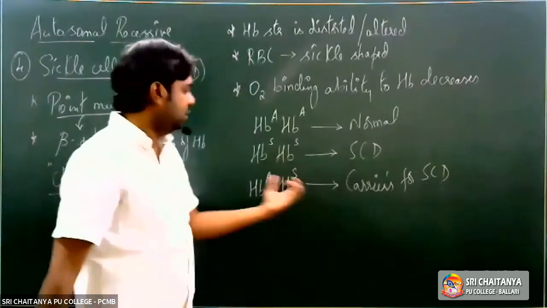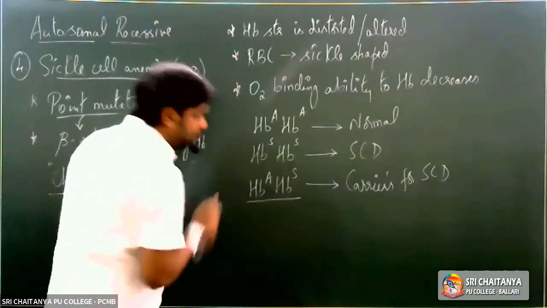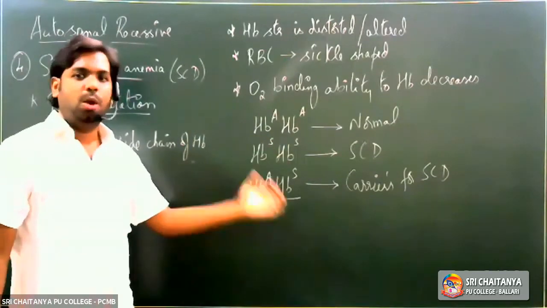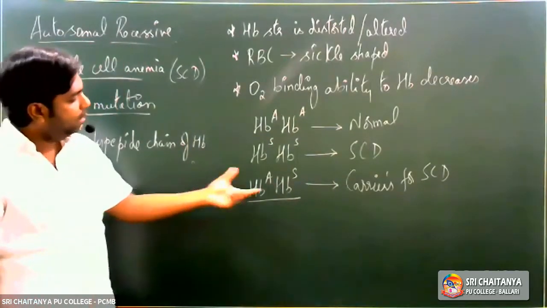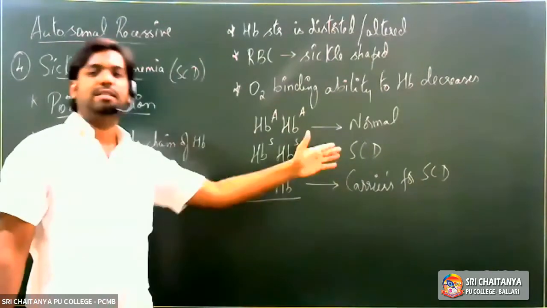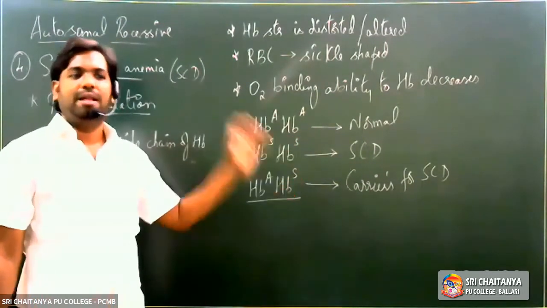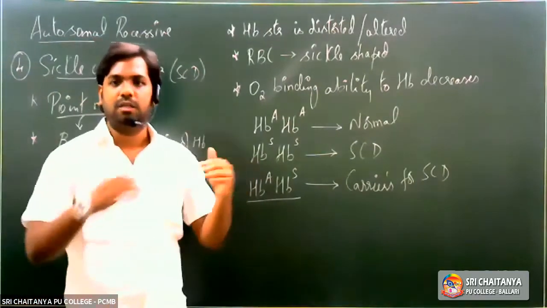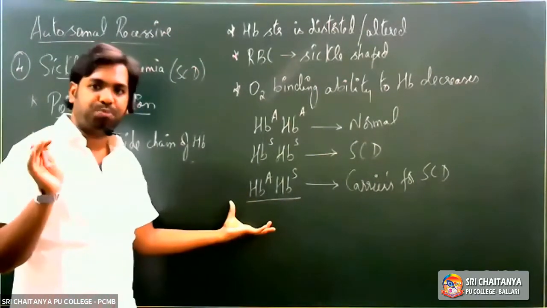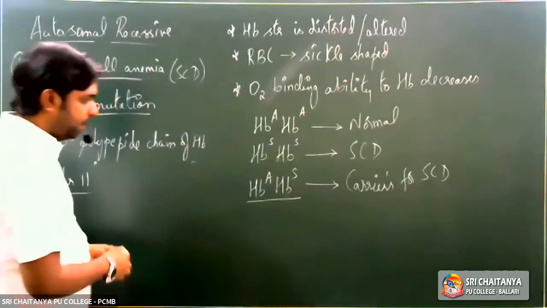Now, the problem arises for the heterozygote individuals, where there is one dominant allele and one recessive allele present. So if this is the condition, there are certain things that these individuals have to follow. Try to understand this properly.